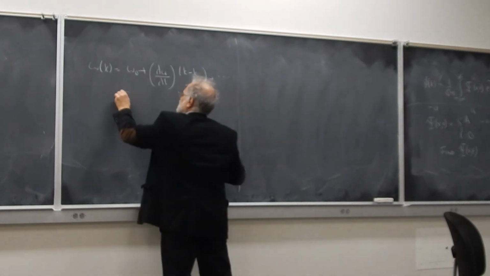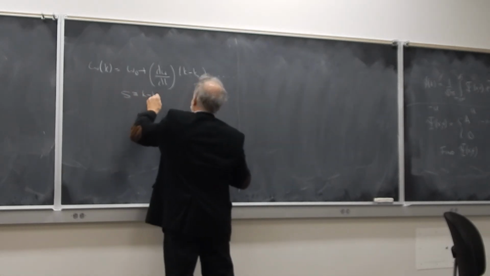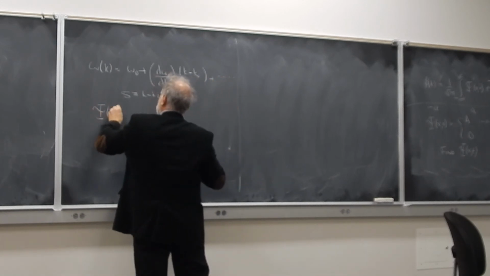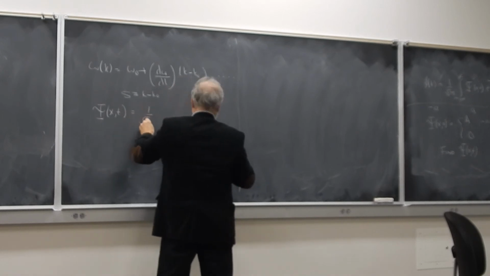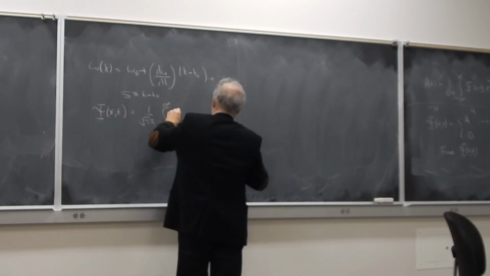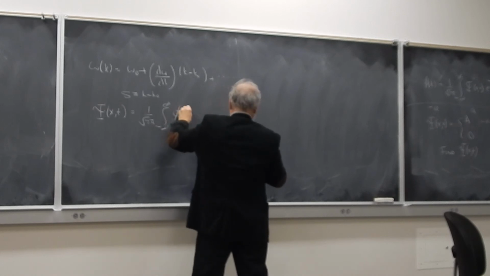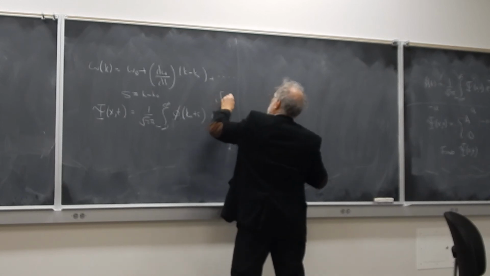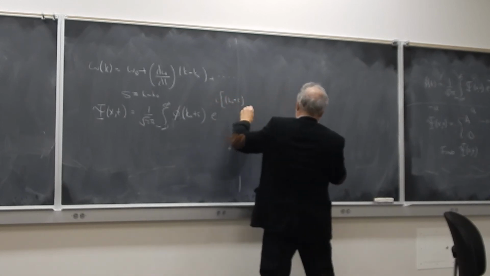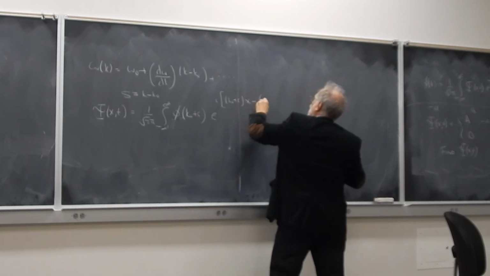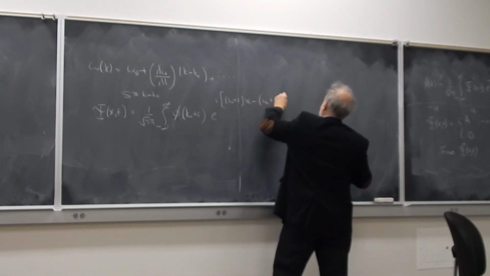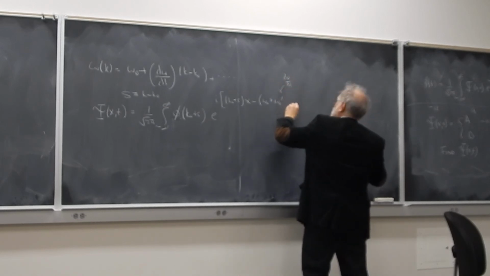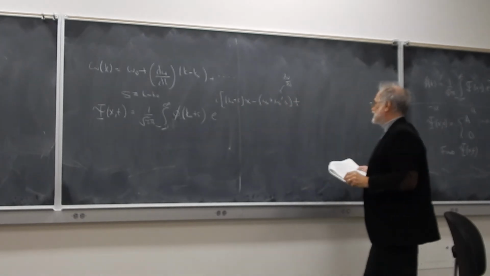Let's define s as k minus k naught. Then I can write psi of x and t as 1 over the square root of 2 pi, integral from minus infinity to infinity, phi of k naught plus s, e to the i, k naught plus s, times x minus omega naught plus omega naught prime, which is d omega dk, times s, all times t.